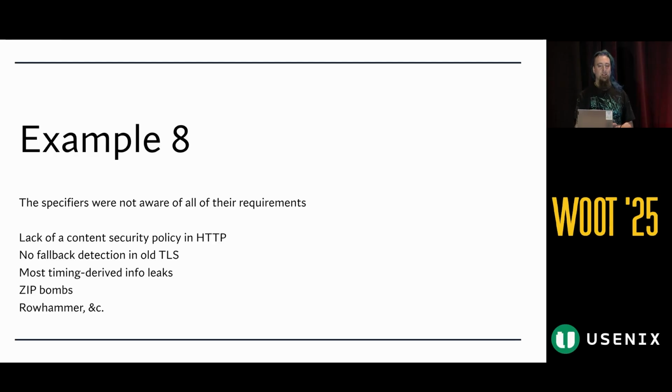Certainly you can use RLE to encode an essentially unbounded amount of data. But this was a plague of network administrators for years. And then, importantly, Rowhammer. No one had considered the possibility that there might exist some physical layer attack that you could exploit from software to flip bits in memory and completely violate the computational model. The specifiers were not aware of that requirement until it happened, and then we finally started fixing it.